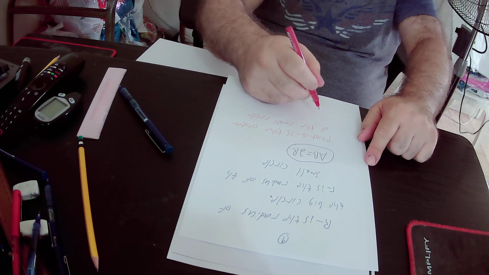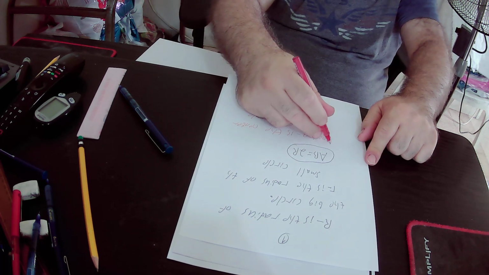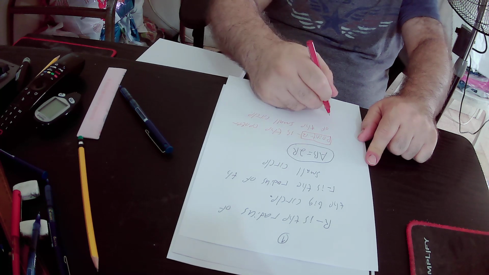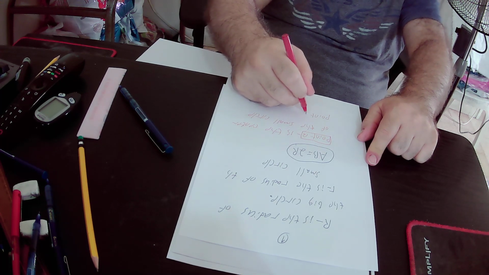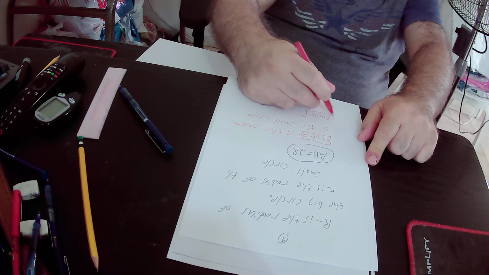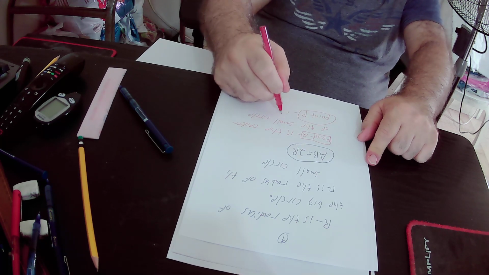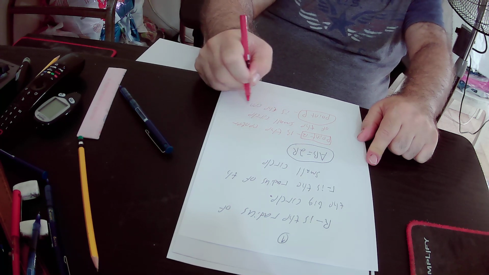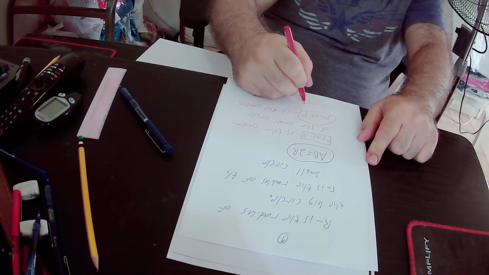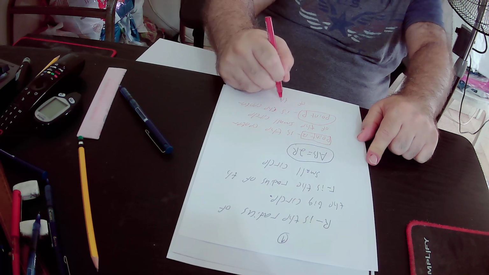and point P is defined as the center of the big circle.